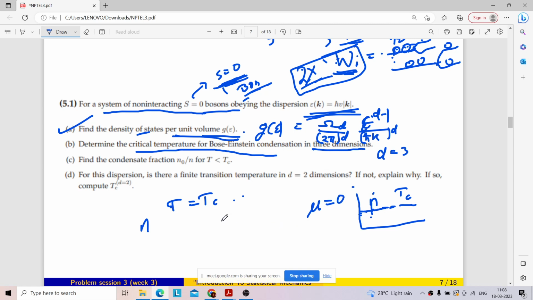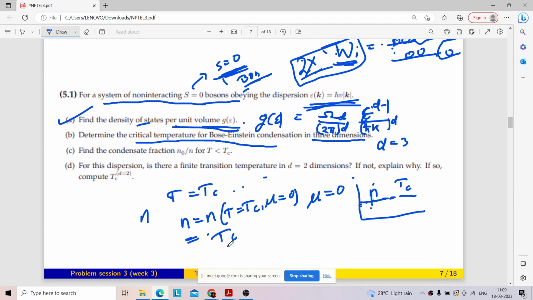So the number of particles in this state is at temperature T equal to Tc and mu equal to 0. Right. Then we have to calculate N first. Then from N we will get some relation for Tc.